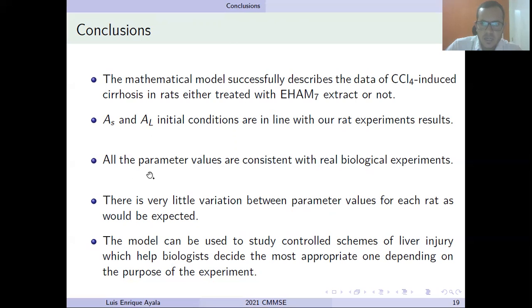All the parameter values are consistent with real biological experiments. There is very little variation between parameter values for each rat, as would be expected. And the model can be used to study control schemes of liver injury, which help biologists decide the most appropriate one depending on the purpose of the experiment.